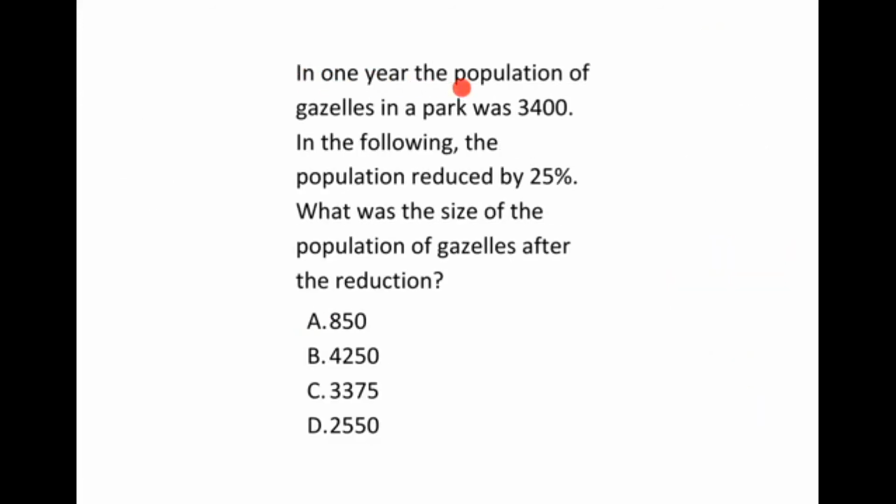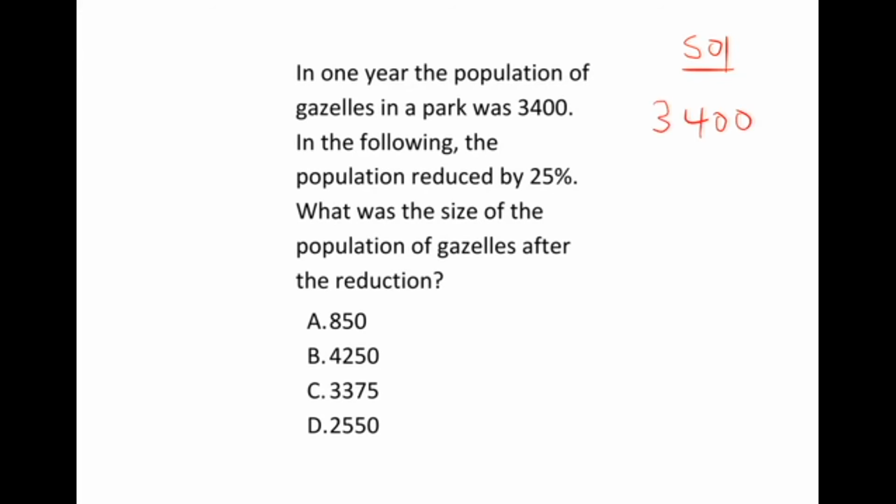In one year, the population of gazelles in a park was 3,400. In the following year, the population reduced by 25%. What was the size of the population of gazelles after the reduction? Solution. The population of gazelles is 3,400.